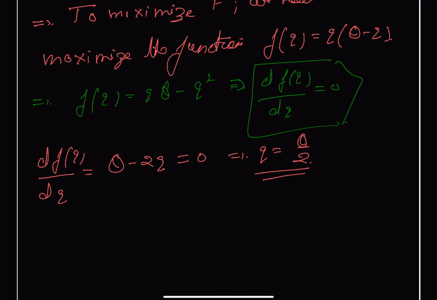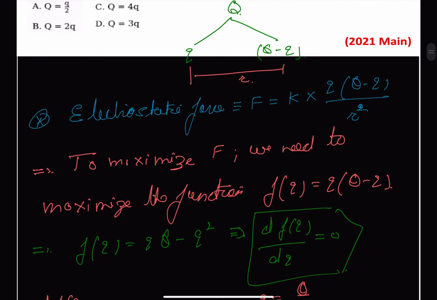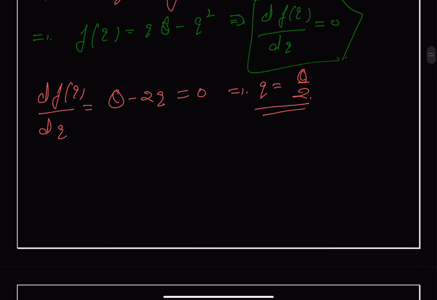So it is divided into two charges. We found the value of the first one, which came as capital Q divided by 2, and we can easily find the second one, which is Q minus Q by 2, giving us Q by 2.